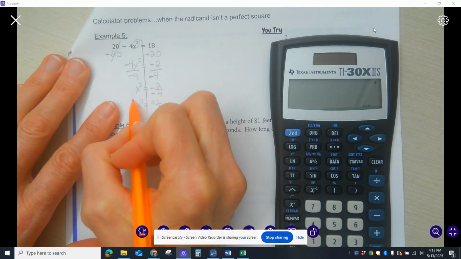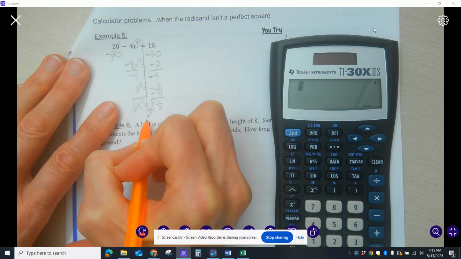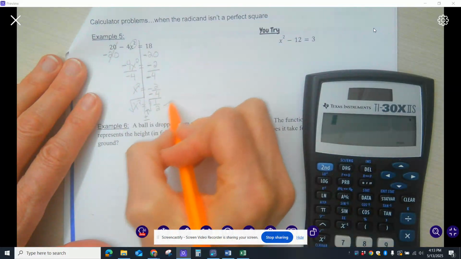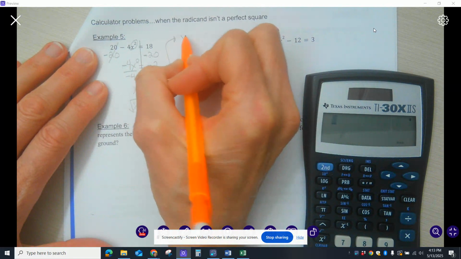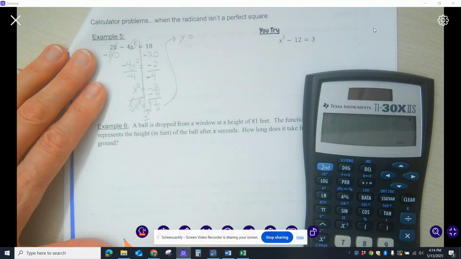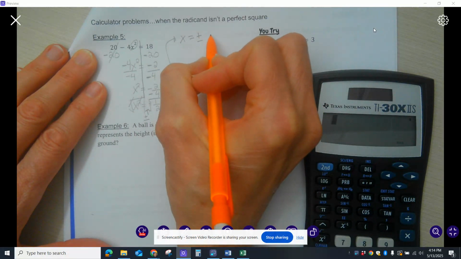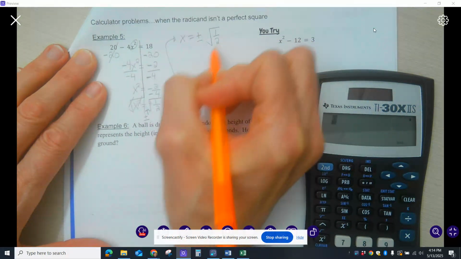Now, square root both sides. And don't forget your plus and minus. I'm going to go up here now. So now I have x, because that square root blows up that power of 2. And I have x equals plus or minus square root of 1/2.